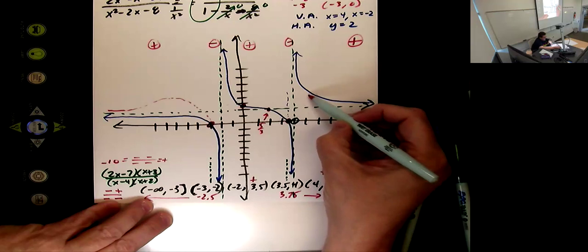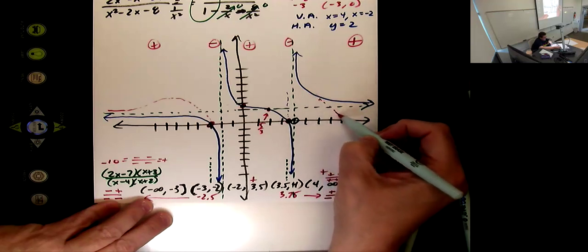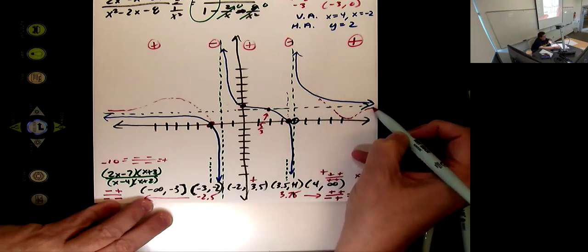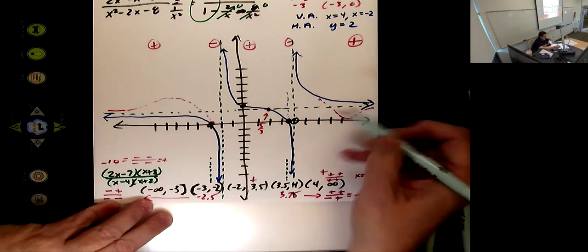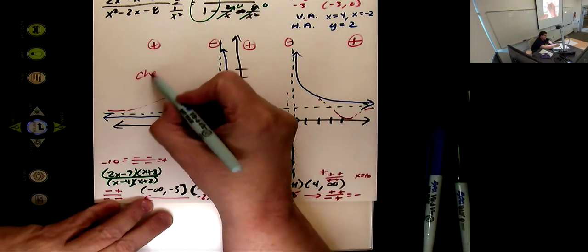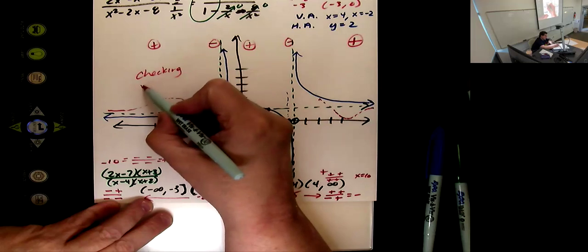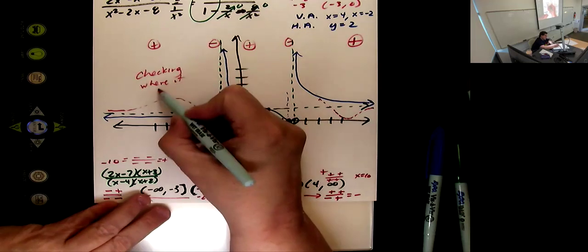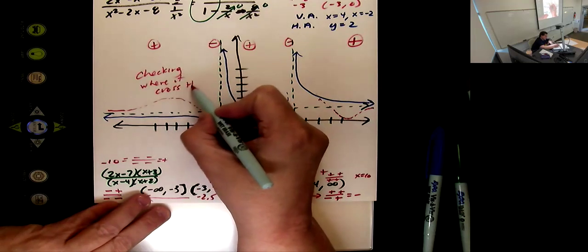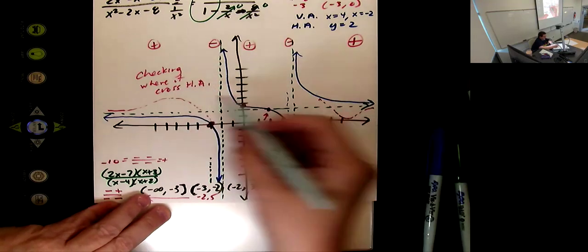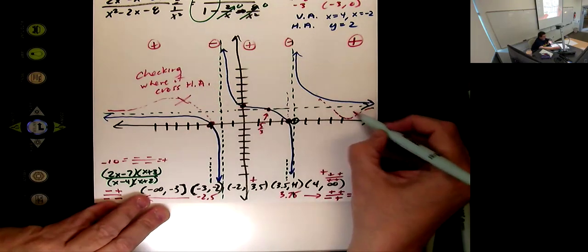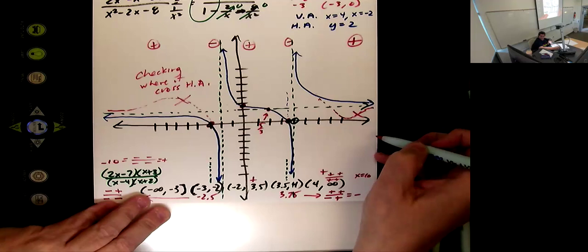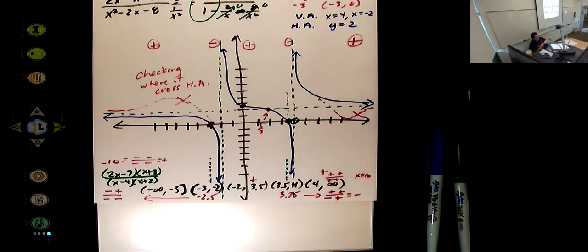And this could have done something like this and then came back up and followed it. But by checking where it crosses HA, I know that this one is out and that option is out. Does that make sense? If I were sketching it.